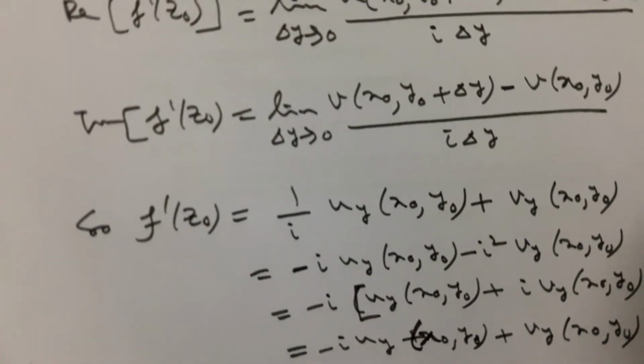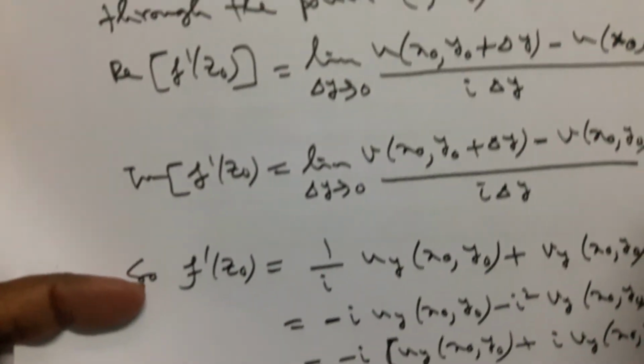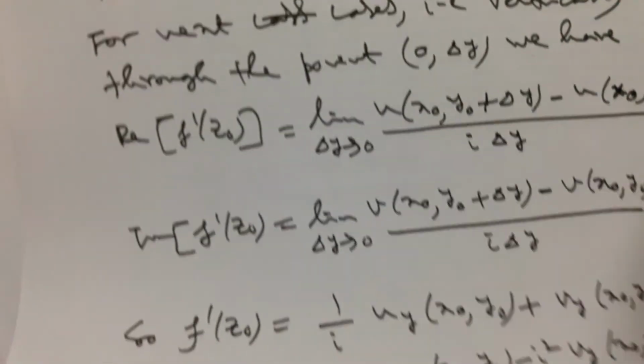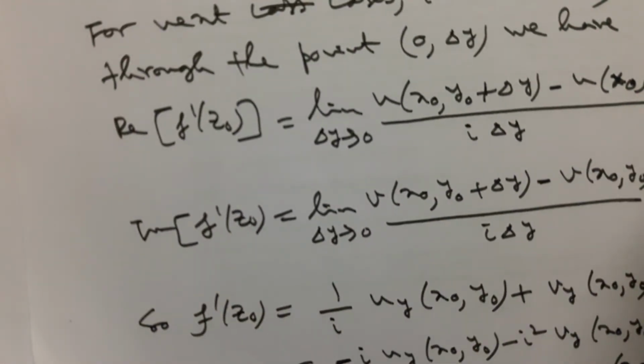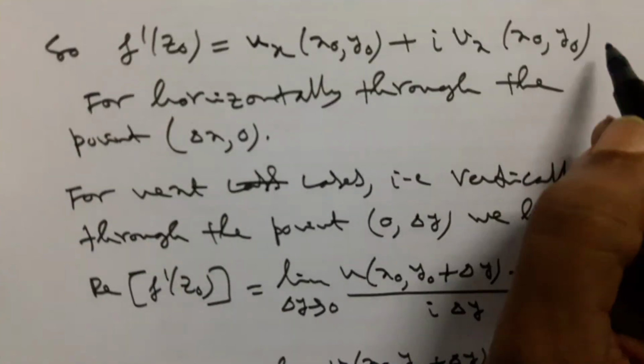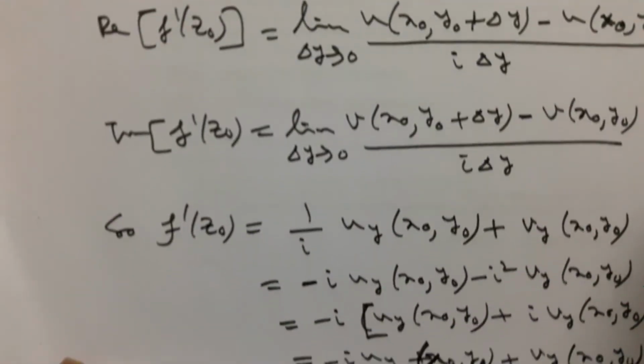Now we have both types of equations; we name this equation number 5, and the other equation number 6.